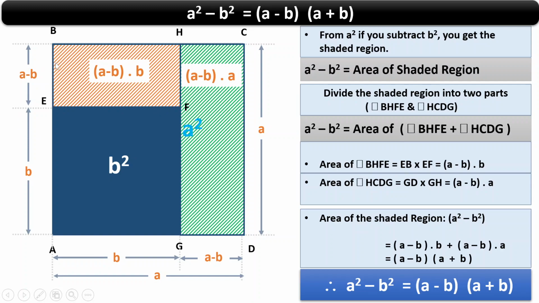If you understand this thing very practically, then you will never forget this formula. You can memorize this formula, but if you understand how this formula is derived, it will be very easy for you and you will never forget it in your lifetime.